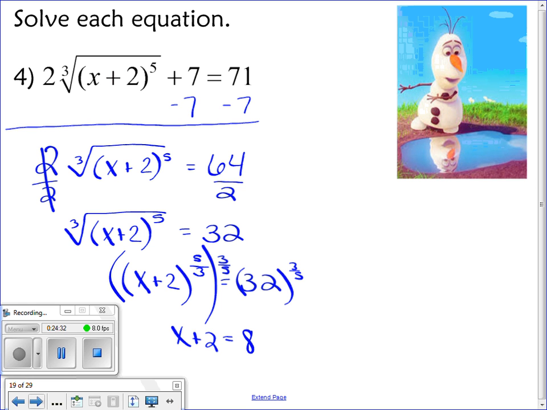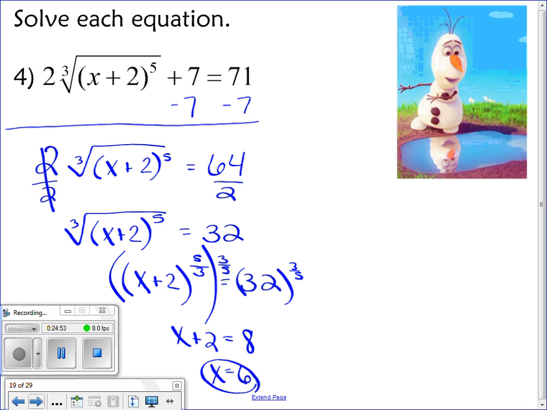Would you believe me if I told you that I could do that in my head? I hope you believe me, because it's really not that hard. I want to explain to you, because some of you would like to do things in your head. This little 5 in the denominator means the 5th root.